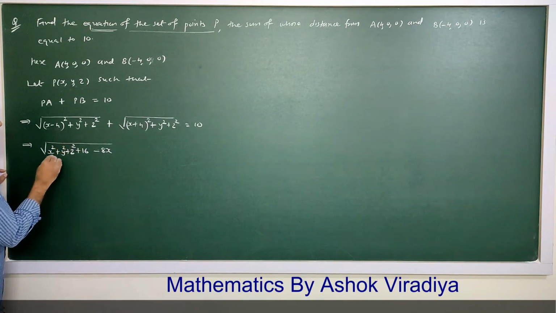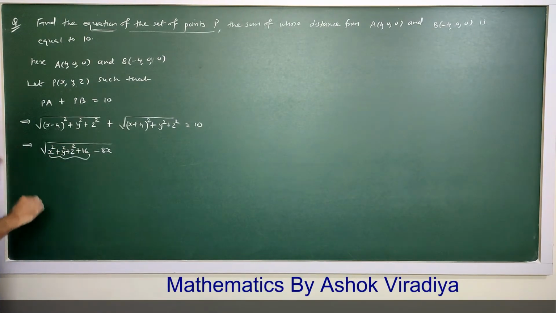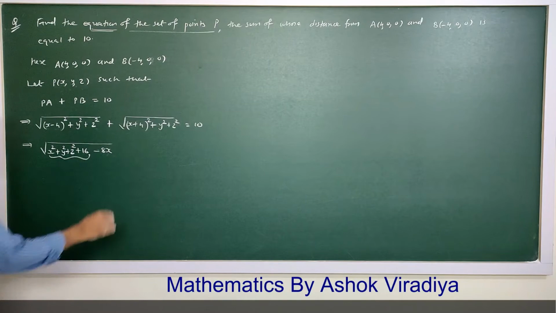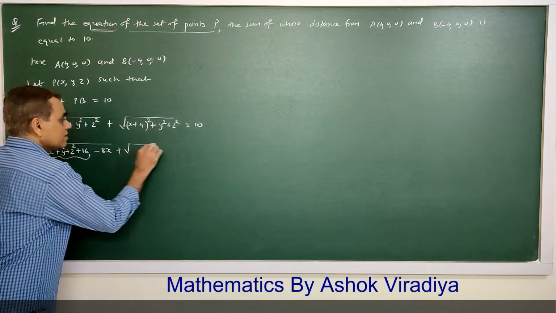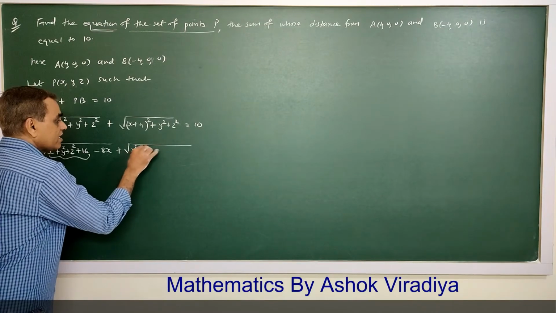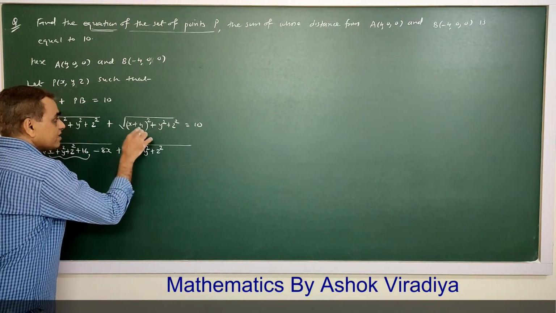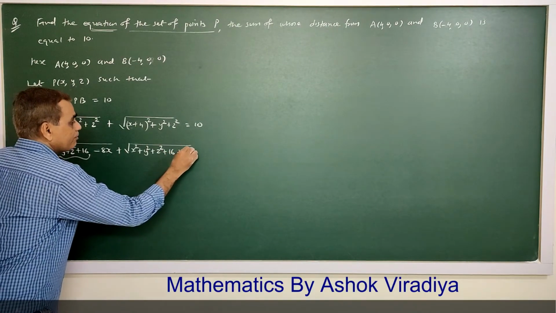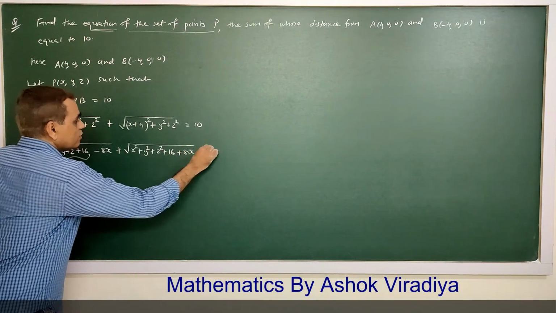What I have done, I have arranged x square minus 8x plus 16 plus y square plus z square. Similarly here, square root of x square, then y square, then z square, then last term 16, and then put middle term at last, equal to 0.